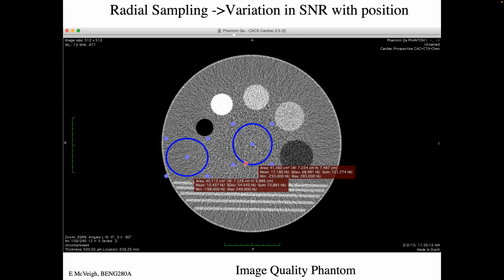Whereas out here, in order to do this reconstruction, we had to interpolate more between these points that were on rays that were divergent. And so it turns out when you look at the noise out here, we have a mean of 10 and a standard deviation of 55 in this region of interest. Inside here, there's a mean of 17 and a standard deviation of 69. And so these points seem to be noisier than these.